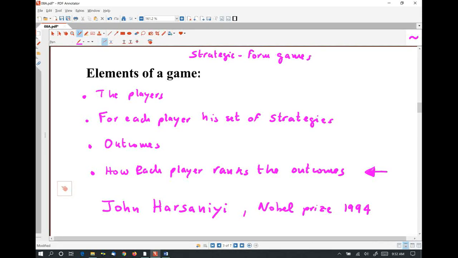The uncertainty is about how the players rank the outcomes. So in principle, one player, say player one, should know how he ranks the outcomes, but it's quite plausible to think that he might be uncertain as to how the other player, say player two, ranks the outcomes. So this is a case where uncertainty is about payoffs.